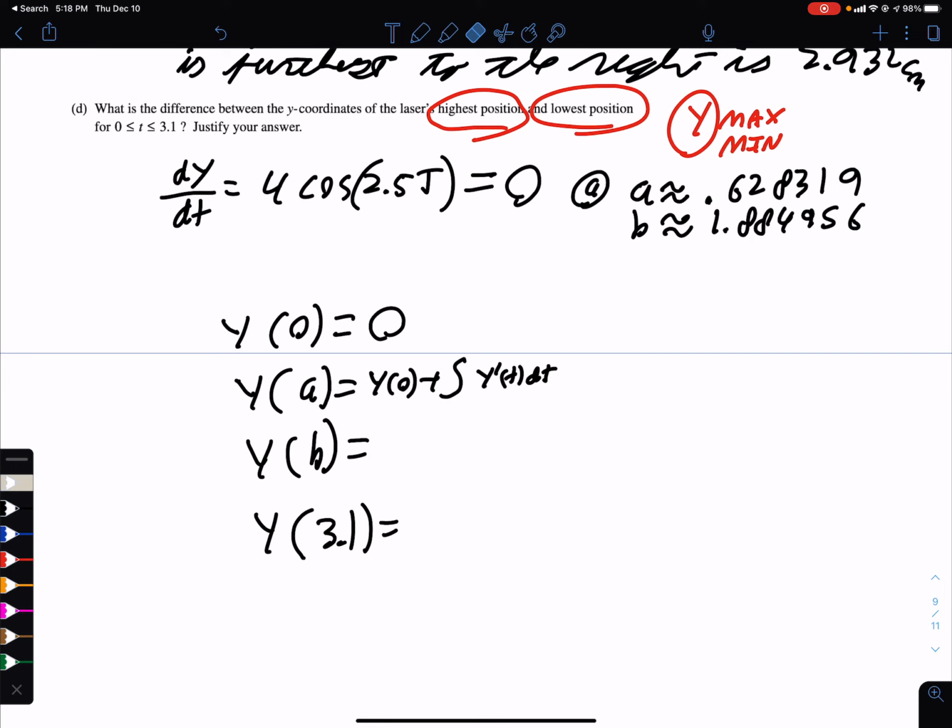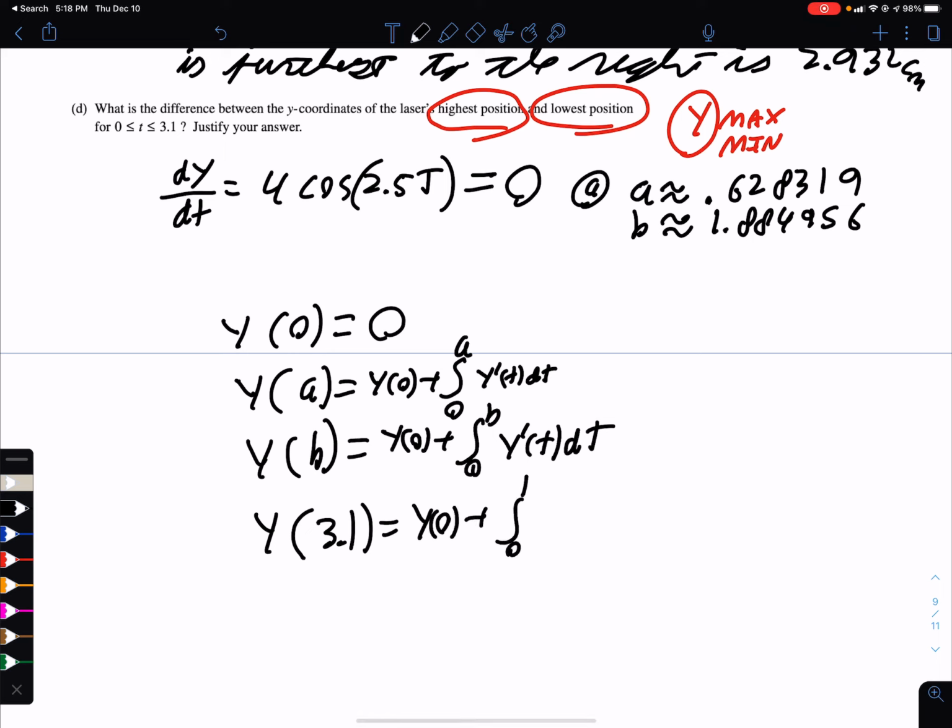Okay, so you take the starting position plus how much it changed, starting at 0, ending at A, because we want to know where it is at A. So we got to end at A. And this will be y of 0 plus the change from 0 to A of y prime of t dt. And the last one will be the starting position at 0 plus the change from 0 to 3.1 of y prime of t dt.